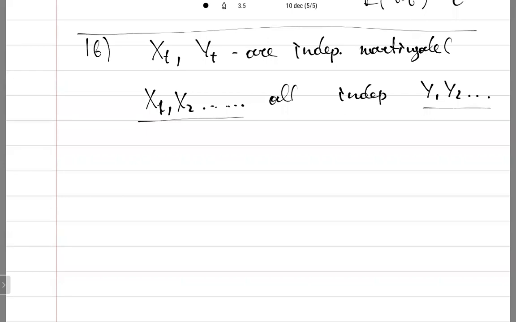What can be said about XY? Yeah, I think we can construct the following example.